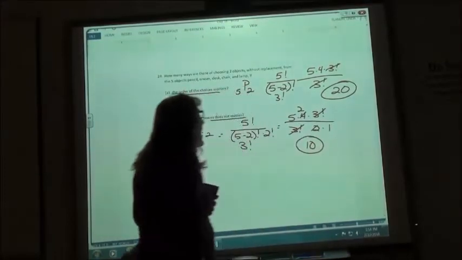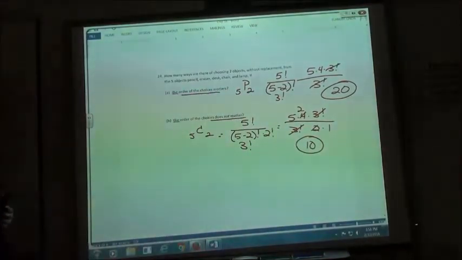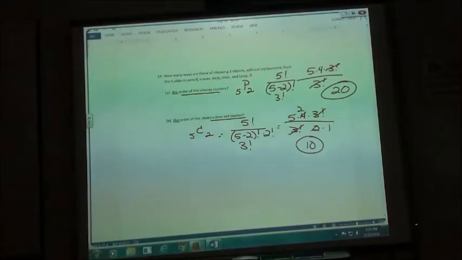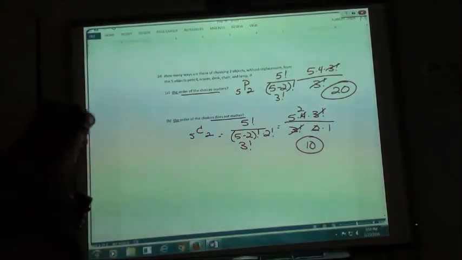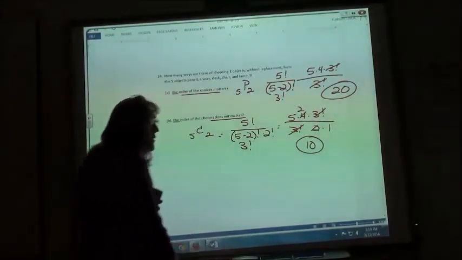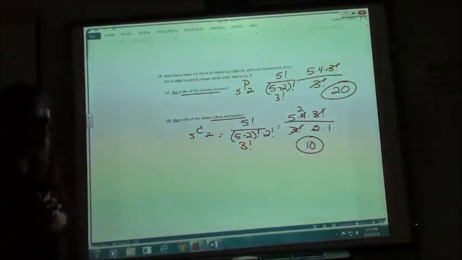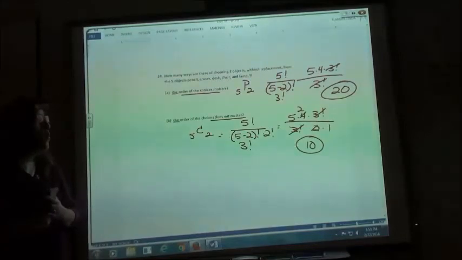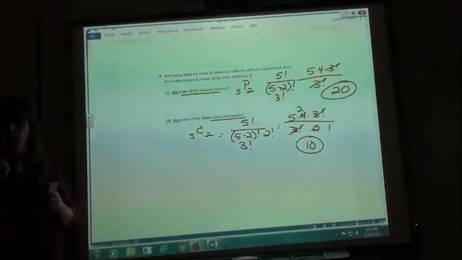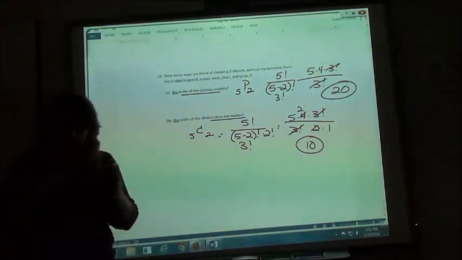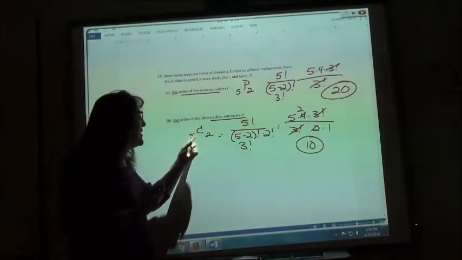I'm only going to have 10 combinations instead of the 20 permutations. So permutation, the order is important. If I switch the order, it's a different permutation. Combination, the order doesn't matter. If I switch the order, it's still the same grouping, still the same group, the same combination.